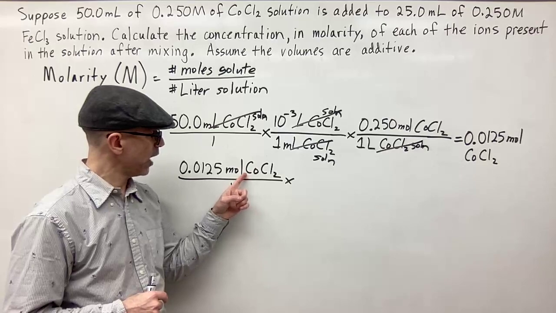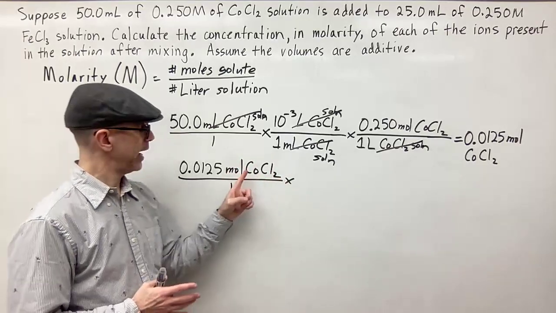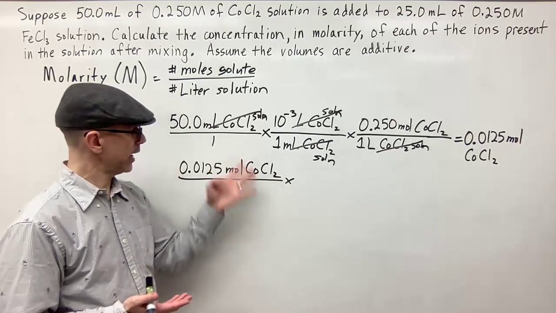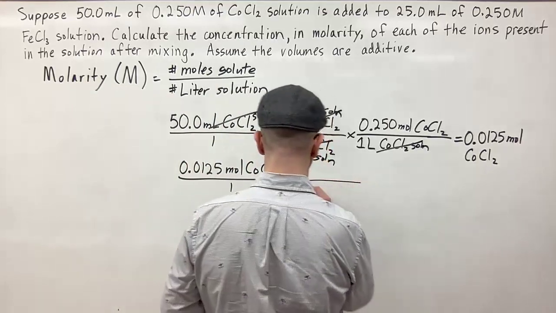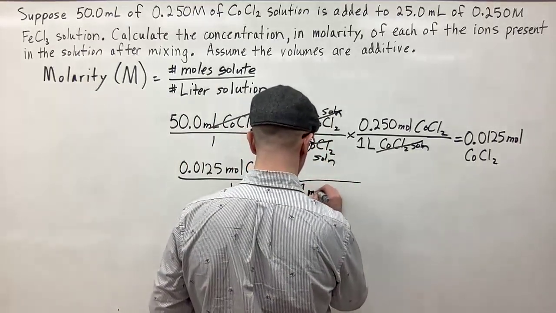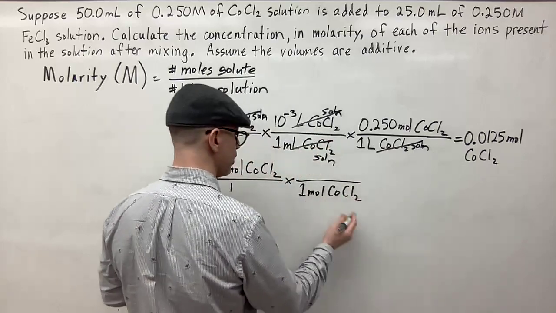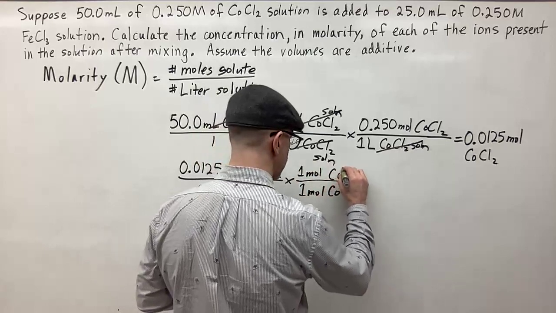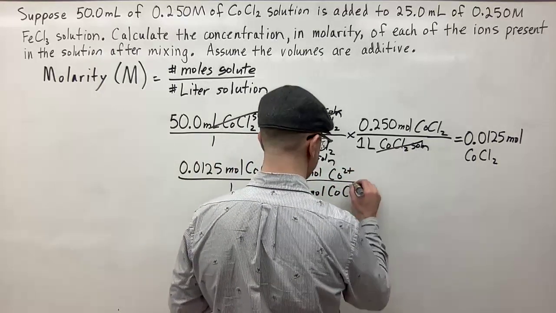So for every 1 formula unit of the cobalt 2 chloride, I get 1 cobalt 2 ion. So I just do the 1:1 ratio. So 1 mole of cobalt 2 chloride on the bottom and 1 mole of cobalt 2 plus ion on top.